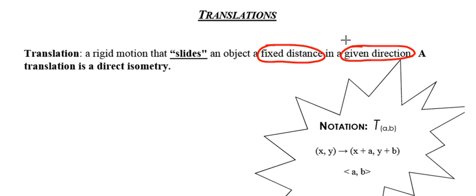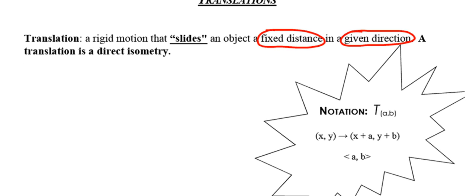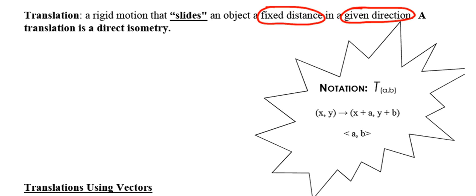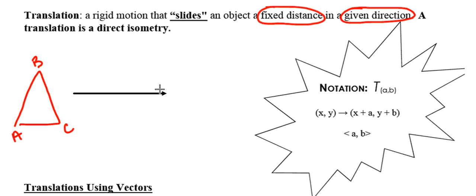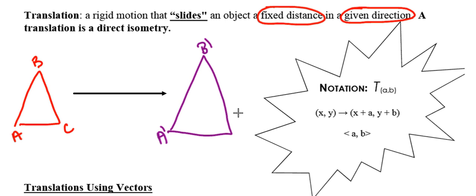A translation is an example of a direct isometry. So I'm going to take a look at what we mean when we say direct isometry. So if I'm taking this triangle, and maybe for lack of something better, I'm going to call it triangle ABC, and I want to translate or slide my triangle across the paper, I might end up with a triangle A prime, B prime, C prime.